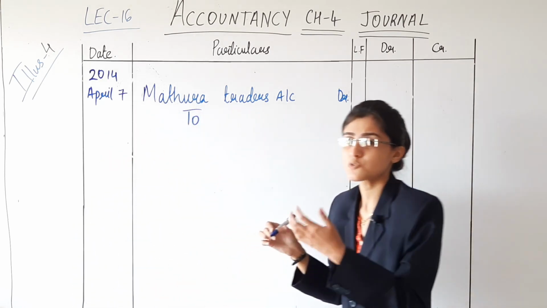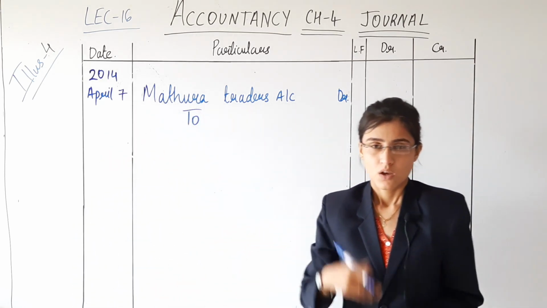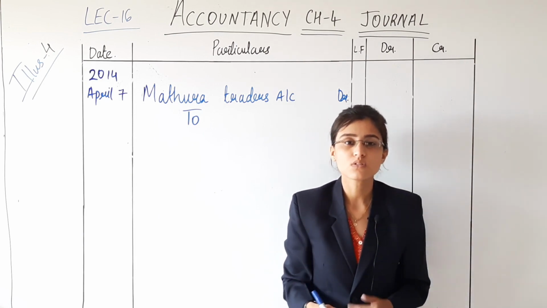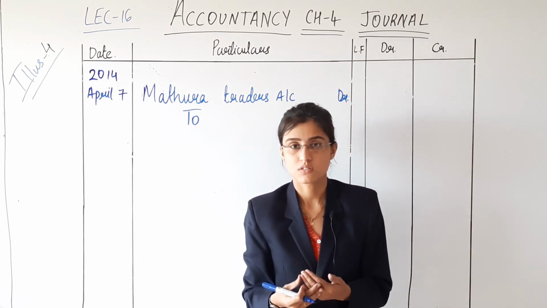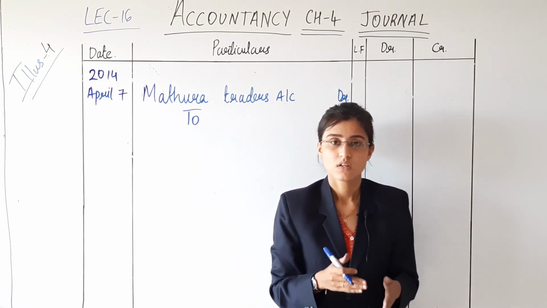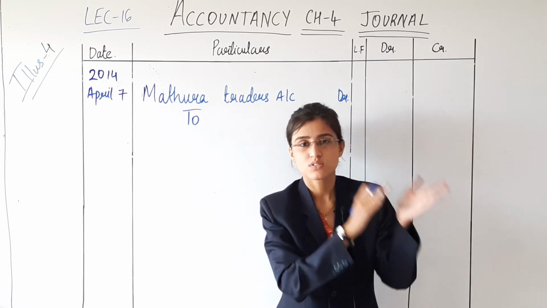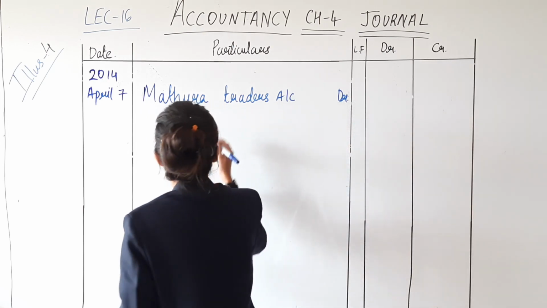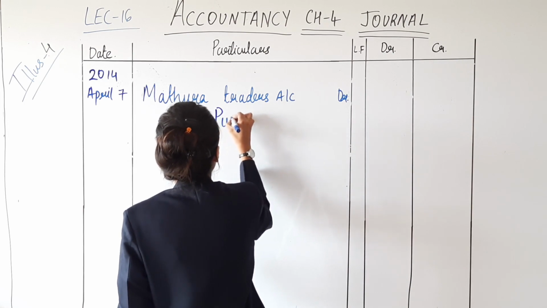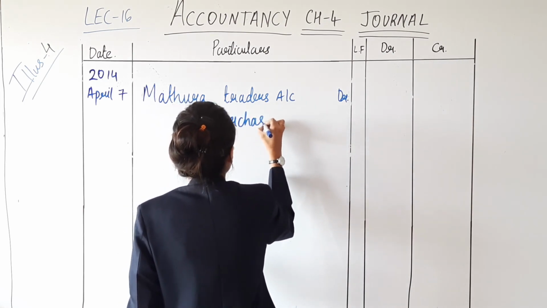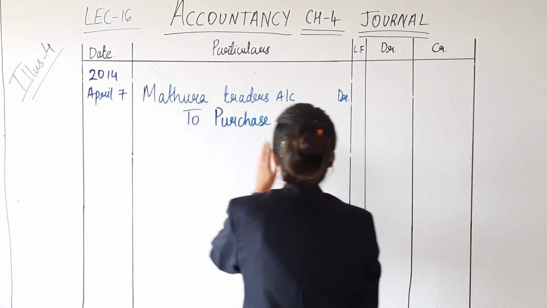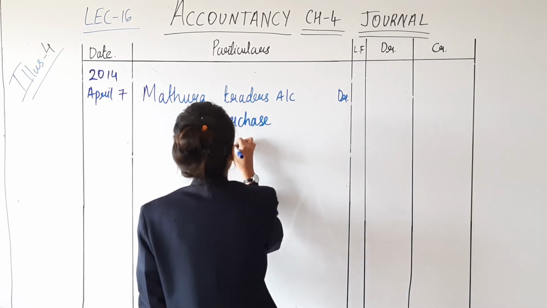Now the question is what to credit. You have returned the goods that you had purchased. Purchased goods are returned, that becomes purchase return, because goods are going out of the business and hence purchase return account is credited.